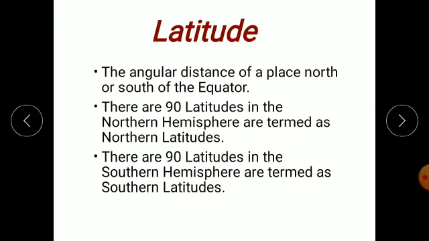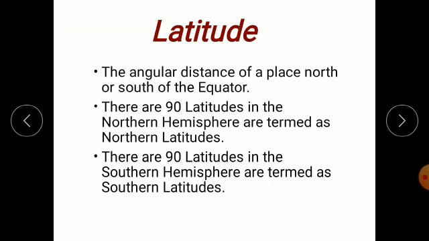These are drawn in an east-west direction and are measured in degrees. There are 90 latitudes in the northern hemisphere, which are termed as northern latitudes, while 90 latitudes in the southern hemisphere are termed as southern latitudes.